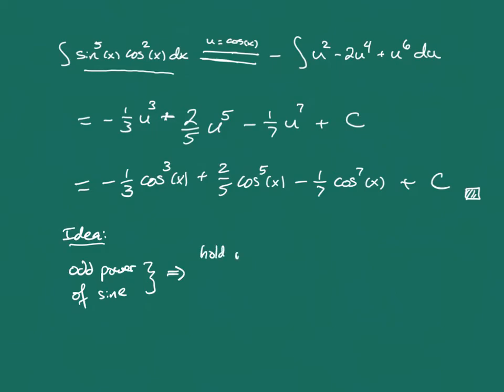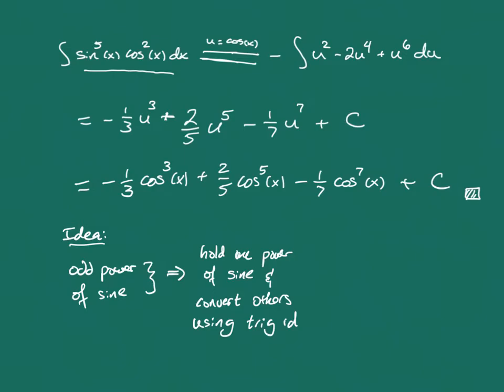So we could hold 1 power of sine and convert the others using our trig identity to an expression involving only cosine.